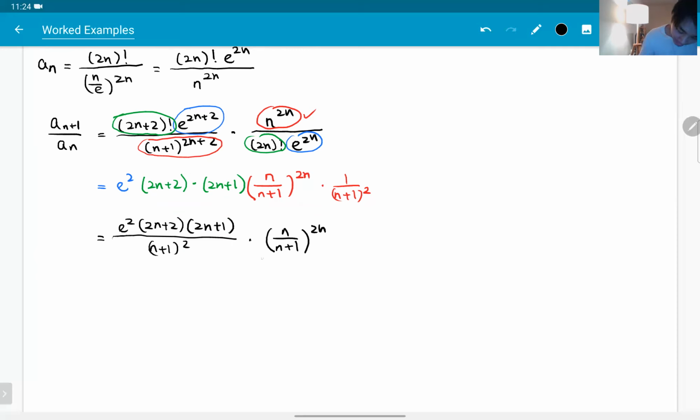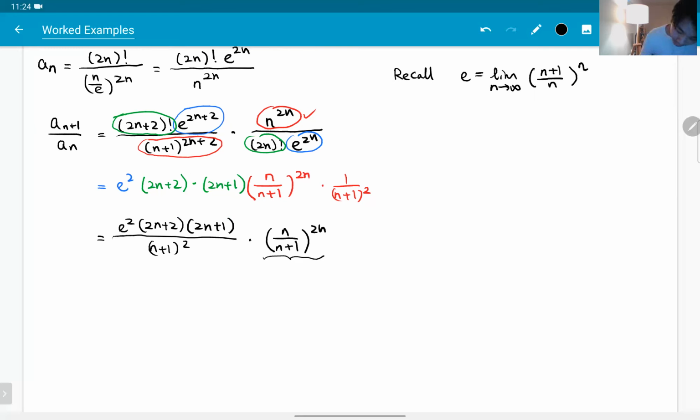Now, this might look a little familiar because it's really similar to the definition of e. Now, recall that e is actually defined to be the limit as n goes to infinity of n plus 1 over n raised to the nth power.